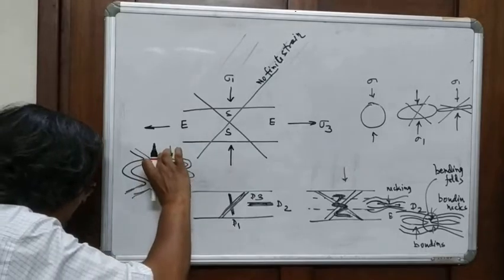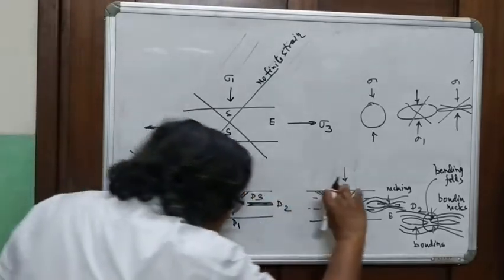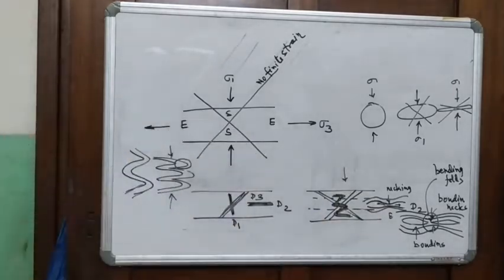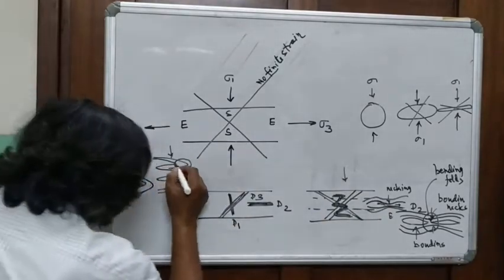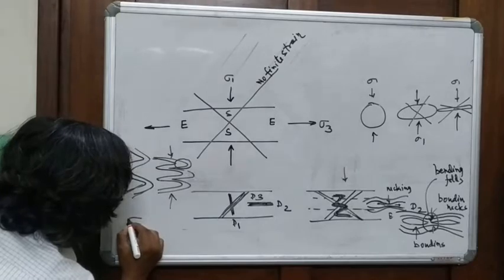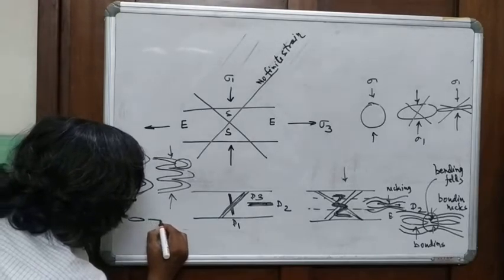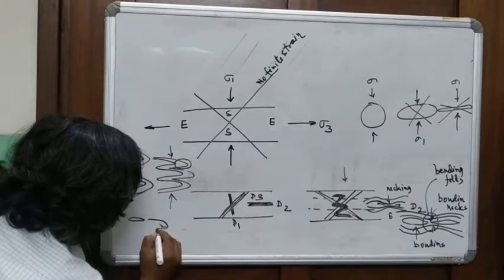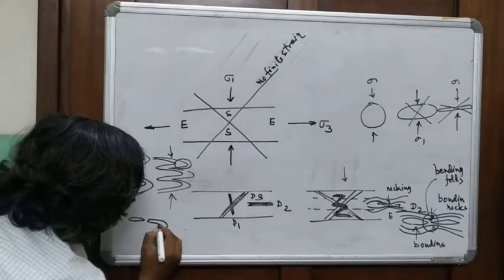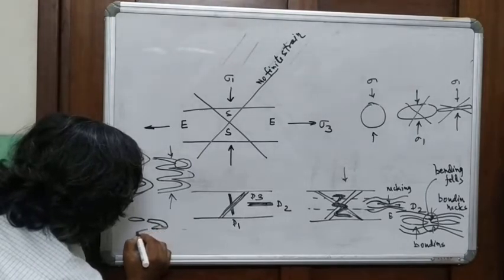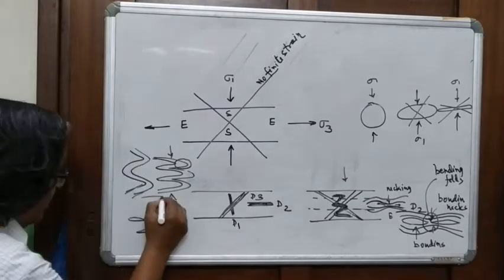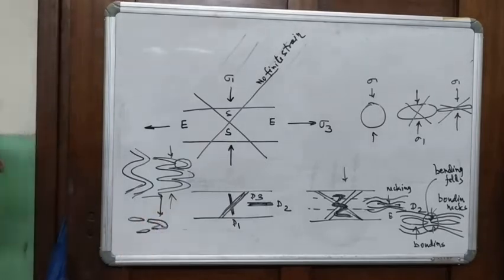And when this fold limb is oriented parallel to the zone of extension, then even in this folding, you generate boudins. This is what happens from here to here to here.